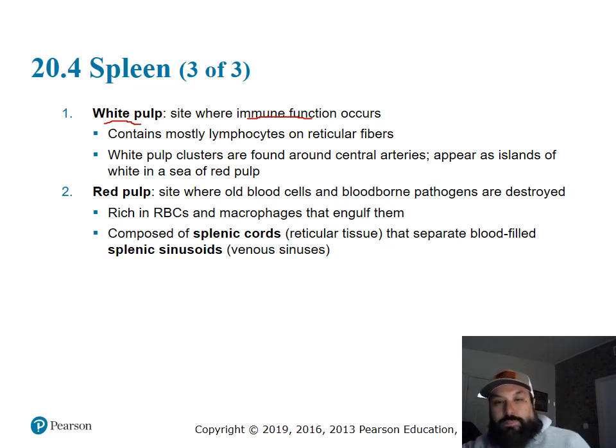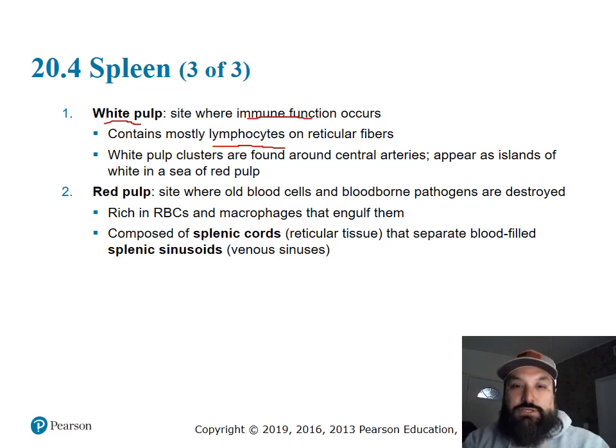So mostly lymphocytes on reticular fibers. White pulp clusters are where you're going to find these areas, and we call them white pulp because there's going to be an aggregation, a collection of a bunch of lymphocytes hanging on those reticular fibers. So they're found around a central artery. So this is where you find those lymphocytes.